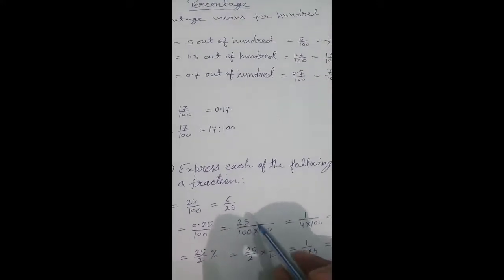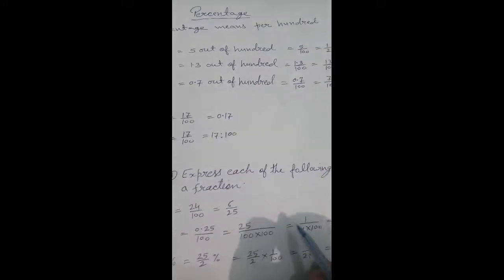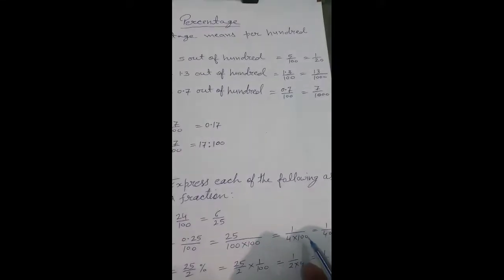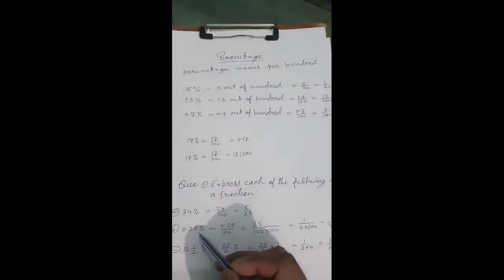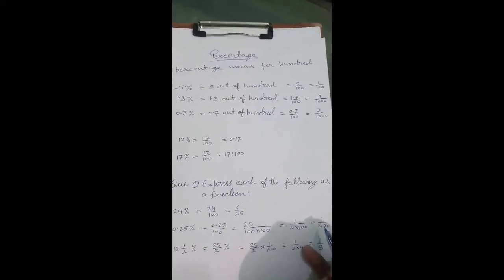Now simplify it. 25 divides 100 four times, so you will get 1 upon 4 into 100, and 4 into 100 means 400. So you will get 1 upon 400. That means 0.25% is equal to 1 upon 400.